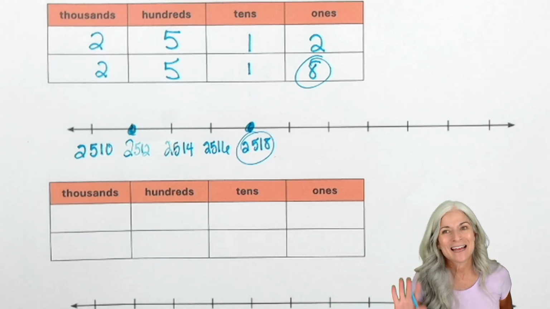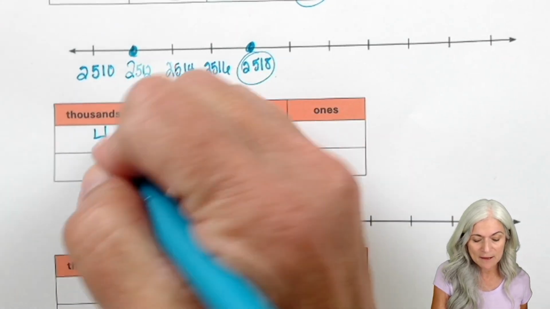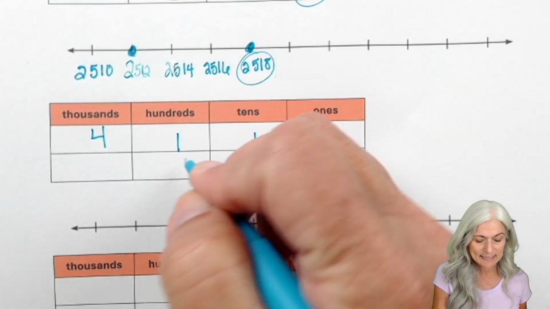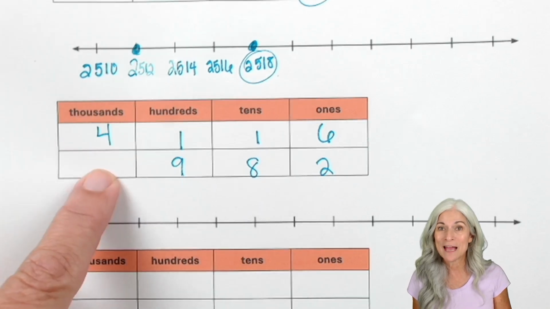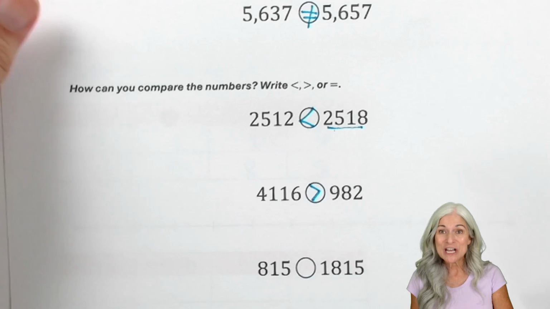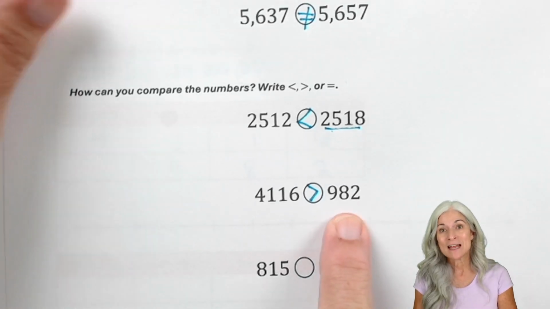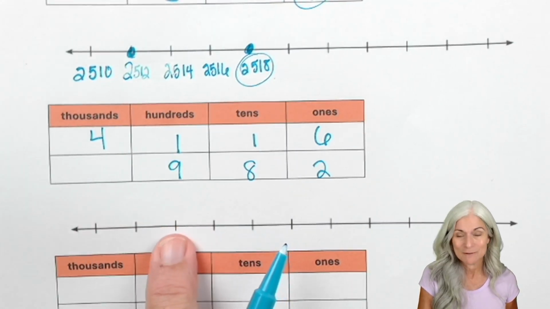Okay, I know it's getting to be a long video, my apologies, but look at this one. This is just another good example where the place value charts help, because we've got 4,116 and 982. All right, no thousands here. So we definitely know the 4,000 number is greater. Again, if I practice with a number line, I've got to have 982, 4,000. Would it make sense to put 900, 950, 1,000?